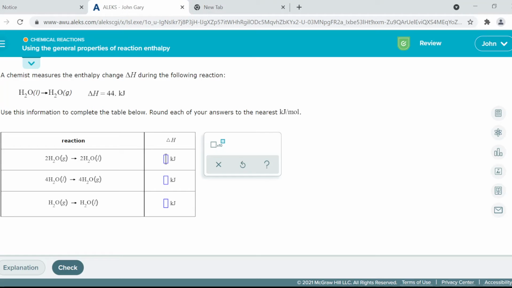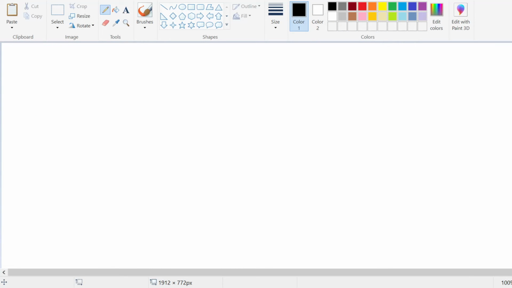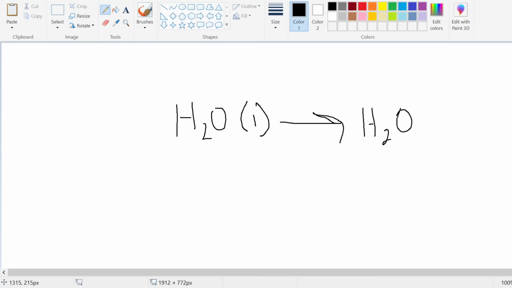Okay, I wish I had a highlighting thing. So the 2H2O gas, how do I do this? I'm just going to write it on my pad. Alright, H2O liquid turns into H2O gas. And then that is, what, 44 kilojoules?